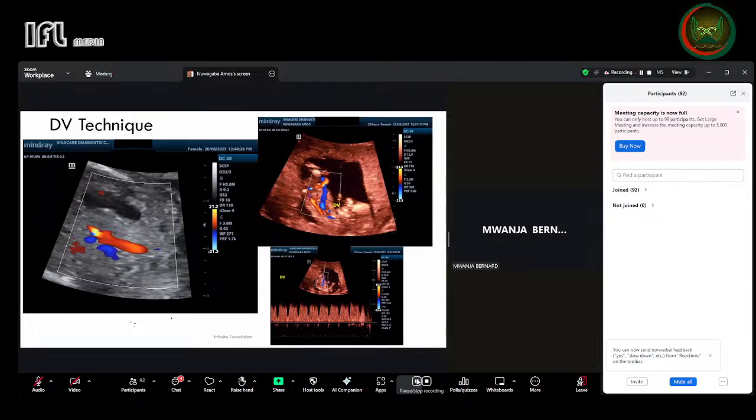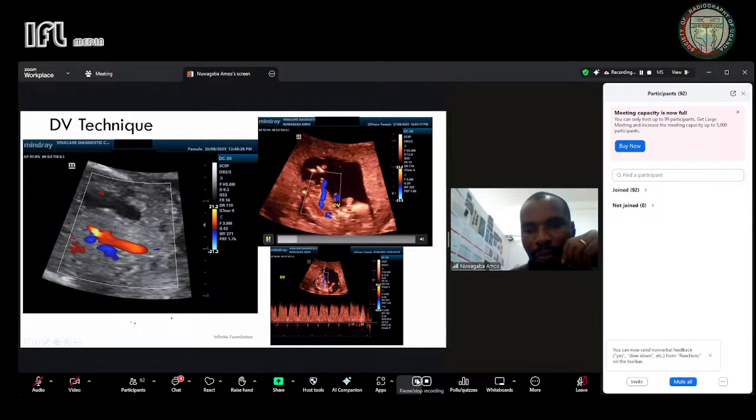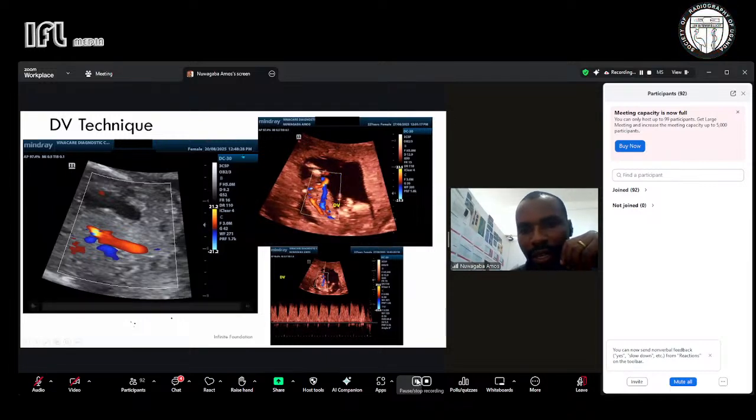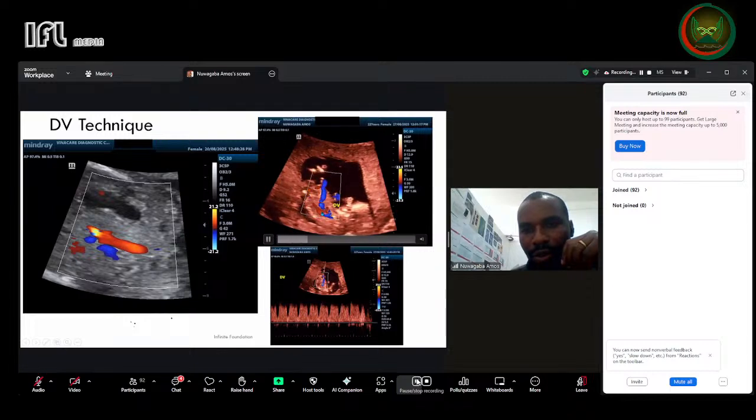So in the upper corner, we have the image showing us the sagittal approach. Here, there is an area of aliasing, and that is the ductus venosus, the area that we are interested in sampling. I saw earlier in the chat the question, how do you know that the fetus is at rest? Remember, this is a dynamic assessment.